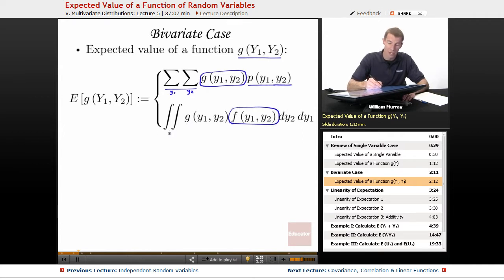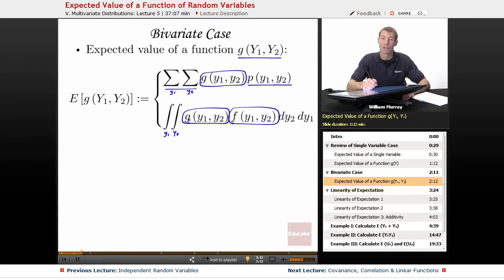And again, we're integrating over both y2 and y1. And instead of g of y, we have g of y1, y2. So we'll be doing a lot of double integrals in this lecture. I hope you're really fresh on your Calculus 3, your multivariable calculus, because you will need to be able to do a lot of double integrals to solve the examples in this lecture.